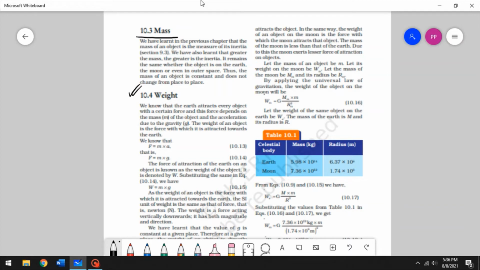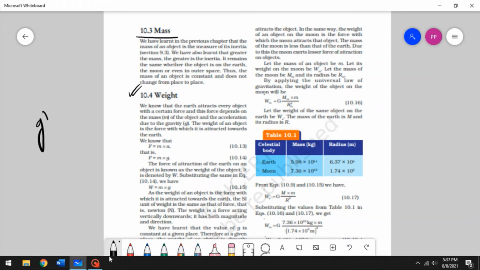We know that the earth attracts every object with a certain force, and that force depends on the mass because F is equal to G m m. Depending on the mass, the force that is exerted on the object varies. So the force is dependent on the mass of the object and the acceleration due to gravity.